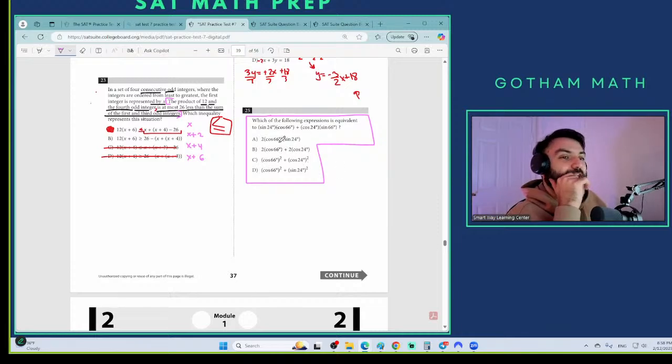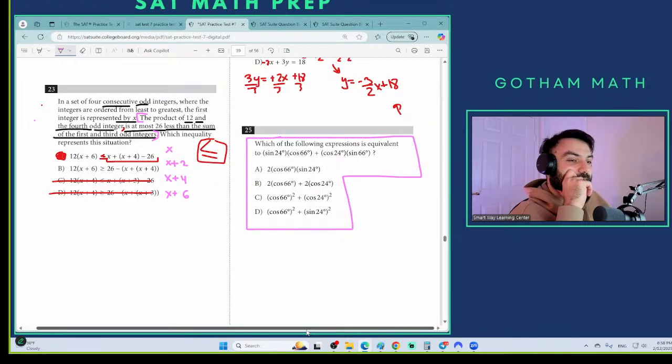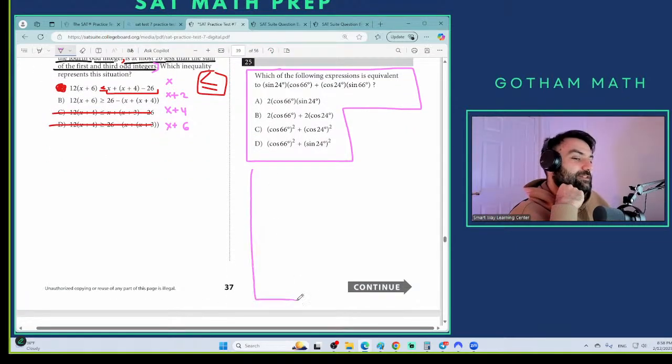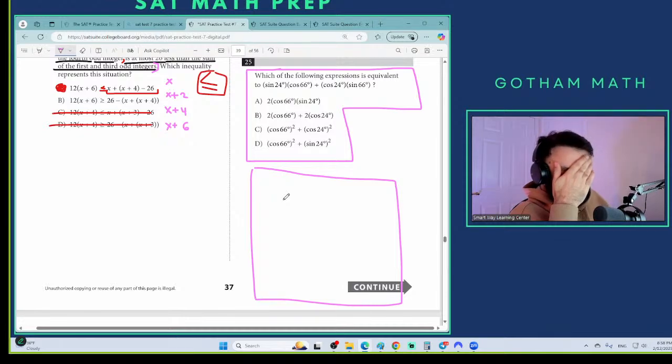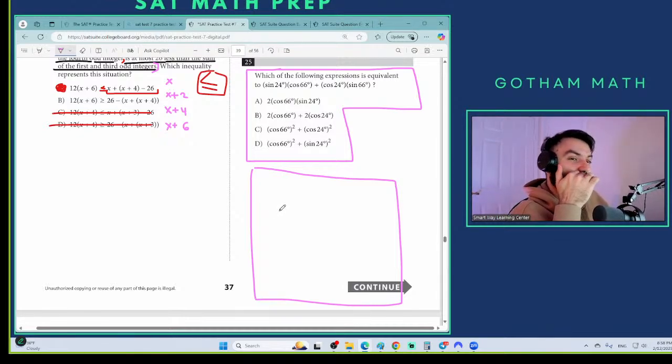And this question has no business being here. There's a huge formula list for trigonometric functions. There's probably like 20 of them. And this goes specifically by a specific formula.